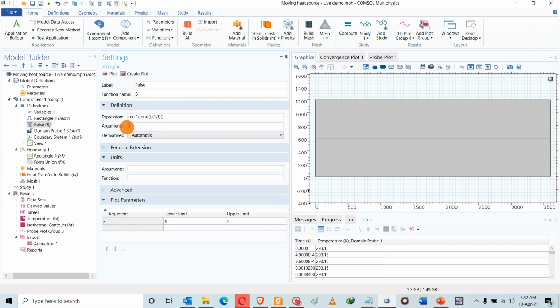Our argument here is t, units in seconds, and let's see what happens.